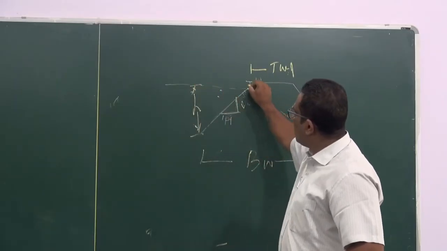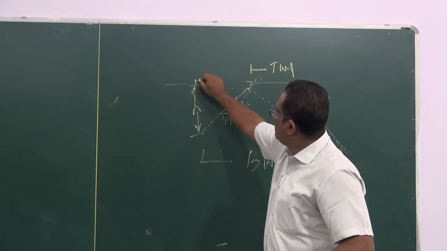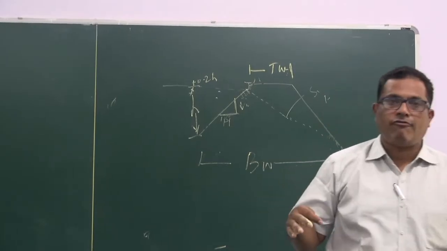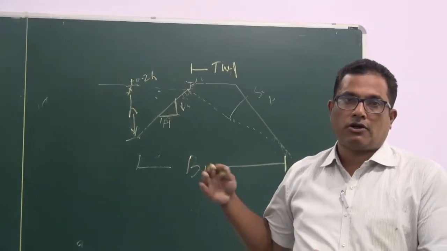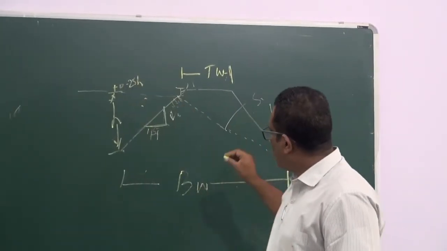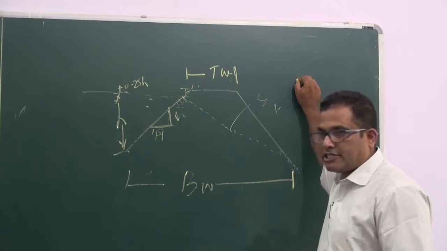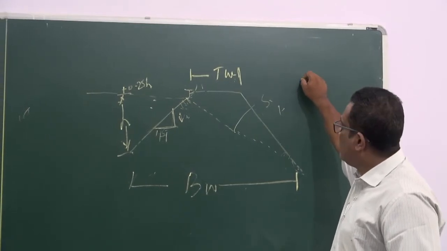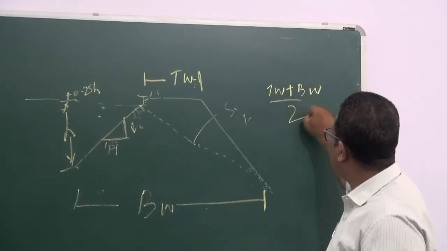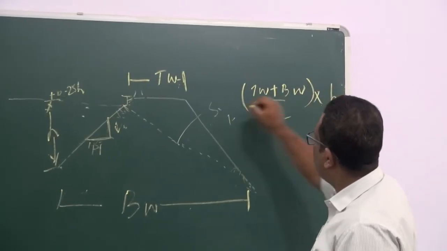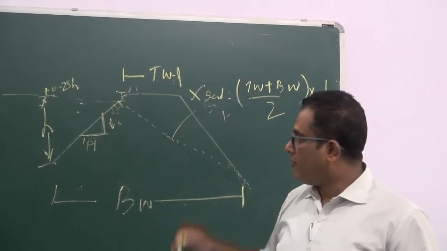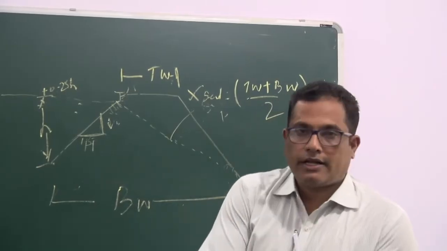In fact, this freeboard will also be added to it. Freeboard is generally taken as 0.25, that is 25% of the total impounding depth, or 25% of the height. Since it is a trapezoidal section, the cross-sectional area would be (top width plus bottom width) divided by 2, into height. So this way we can design the cross-sectional area of the bund.